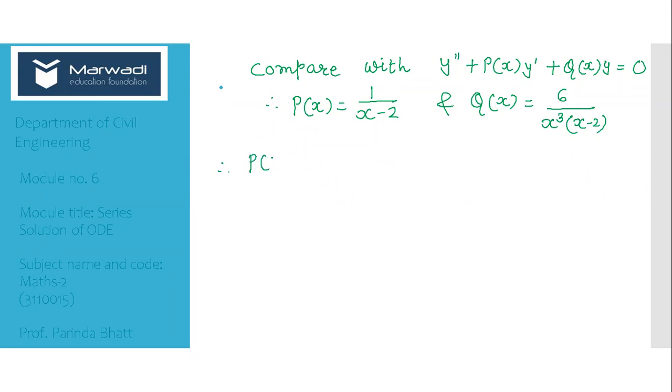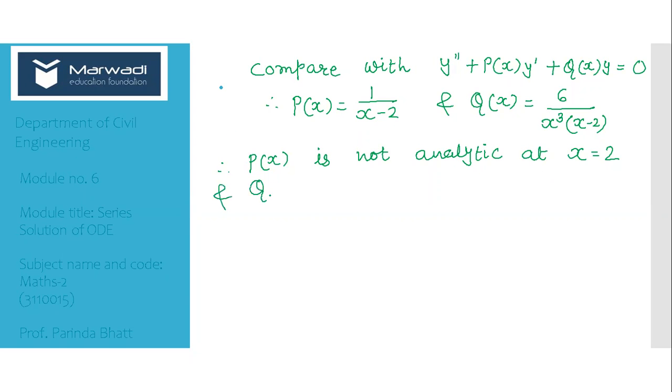Therefore, p of x is not analytic at x equal to 2, because when you put the denominator equal to 0, x minus 2 equal to 0, therefore we are getting x equal to 2.